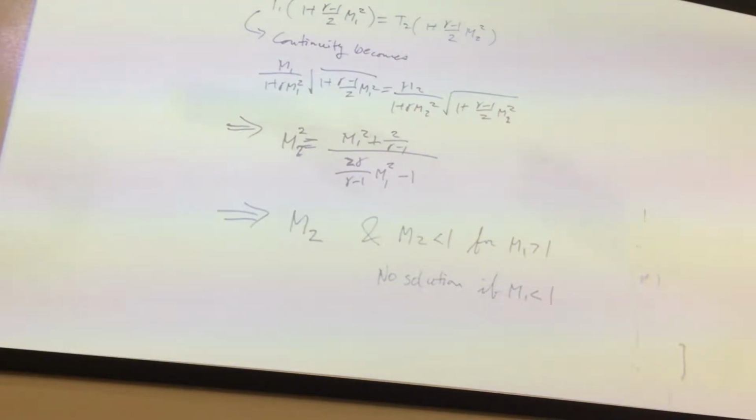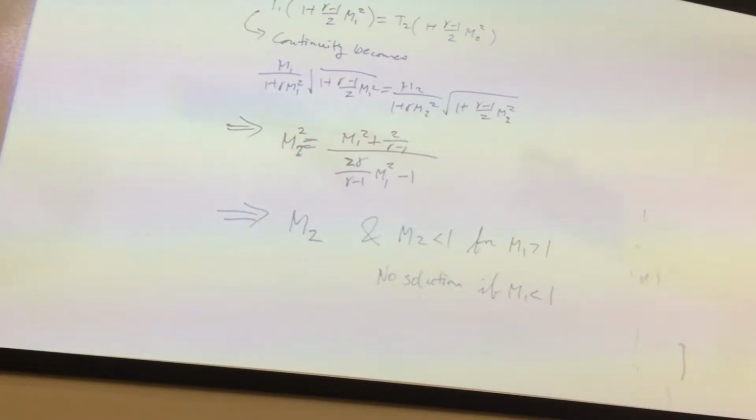So here will be gamma minus 1. 2 gamma minus parenthesis gamma minus 1 becomes gamma plus 1, and you add the 1 to it: gamma plus 1 in the numerator of the numerator. So the numerator and the denominator will be the same, so M2 is equal to 1. That's a trivial solution. If M1 is less than 1, you couldn't find M2.